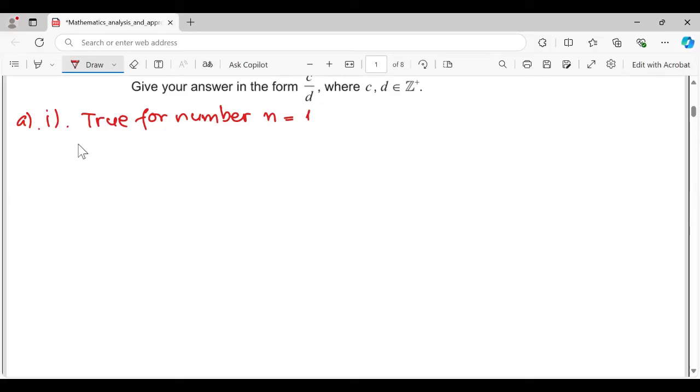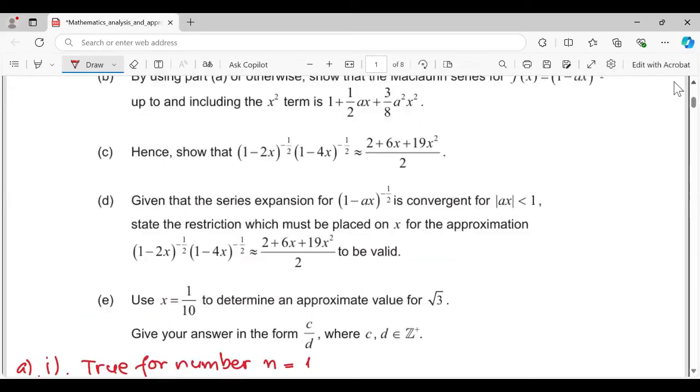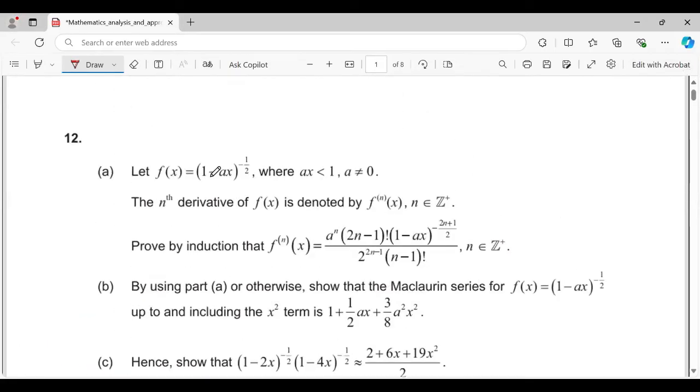So the first step, there are two steps for this part. Looking at this, I would like to say that this function is the left side and this expression is the right side.